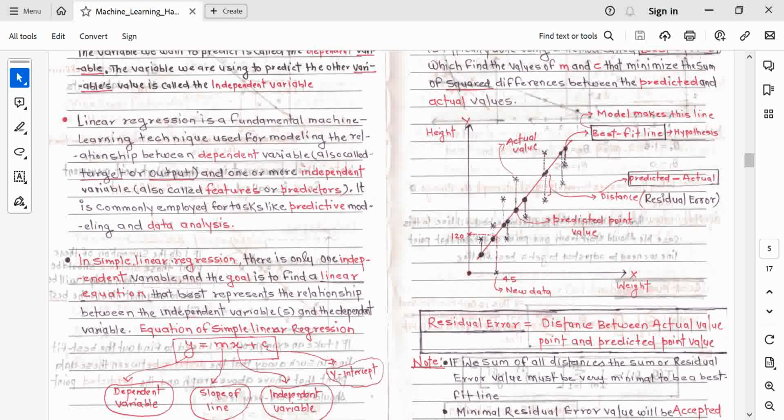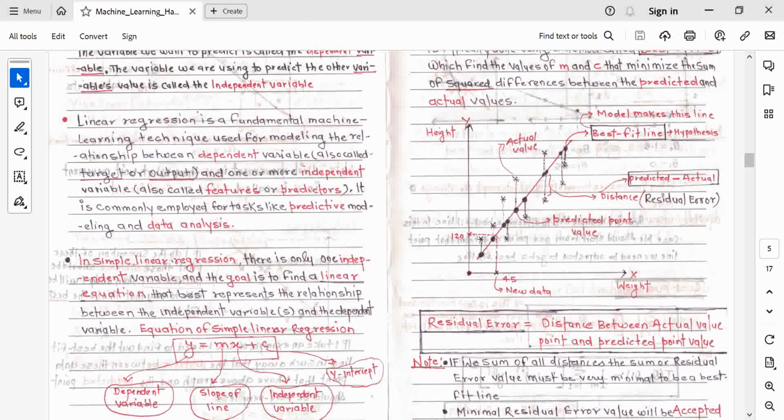The difference between the actual value and the predicted value is called the residual error. This is the distance between the actual value and the predicted value.